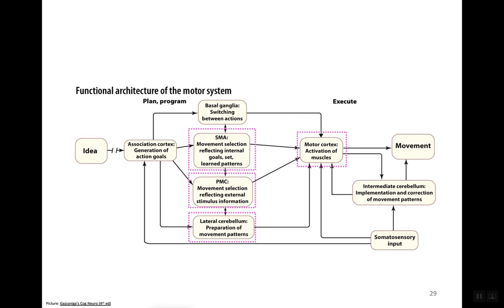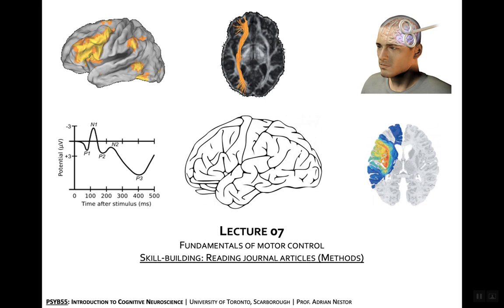And this brings us to the end of the theoretical part of the lecture for today. So let's conclude with a brief discussion of the method section of journal articles. And I would start by noting that the method section is considered by many students as the most difficult part of a paper.